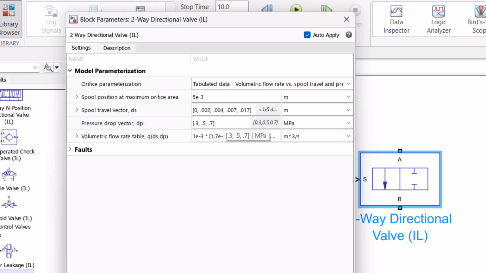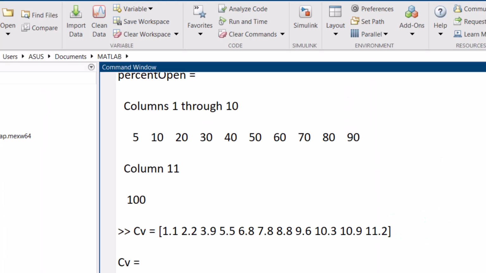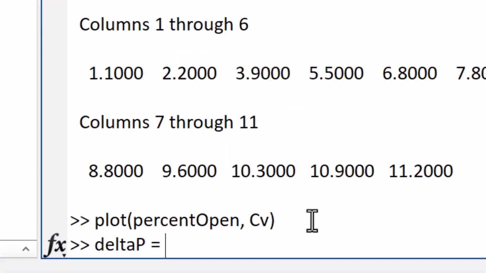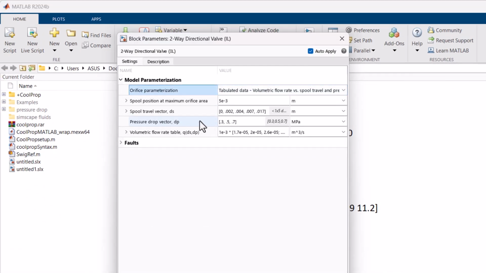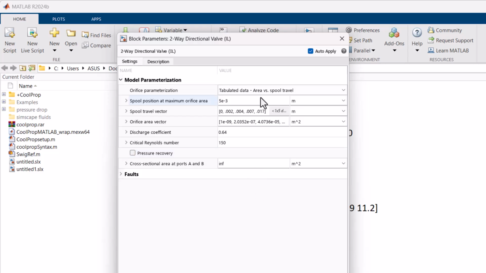But we know that the pressure drop is most of the time consisted of some constant value multiplied by the square root of the flow rate. But if you select this option, it asks for the pressure drop vector and interpolates and extrapolates it linearly, while we know that the relationship between the pressure drop and the flow rate is quadratic. So I will choose the second option.